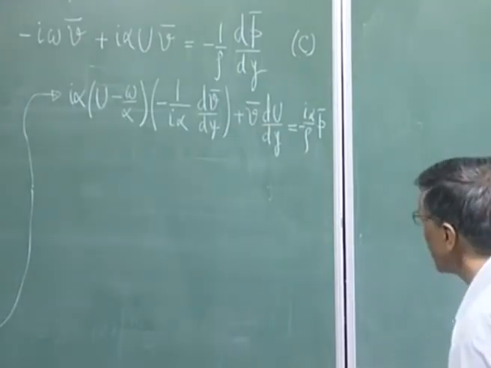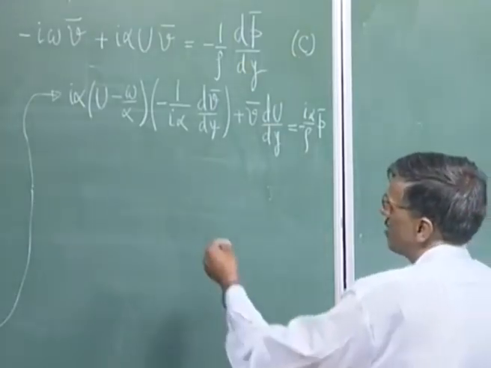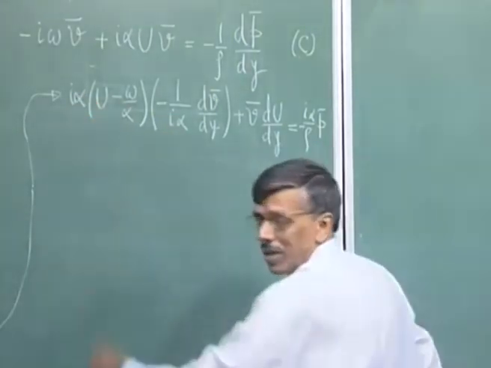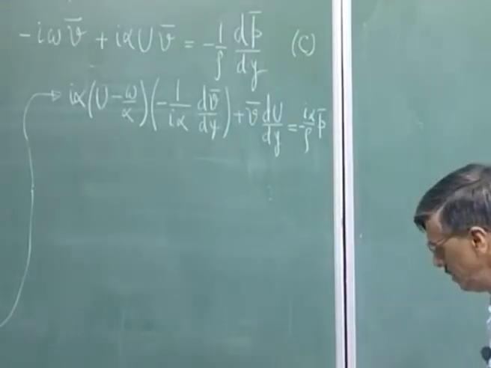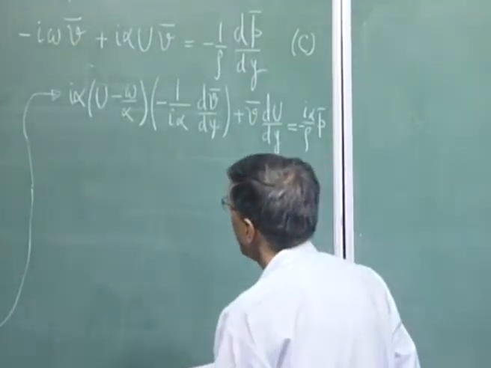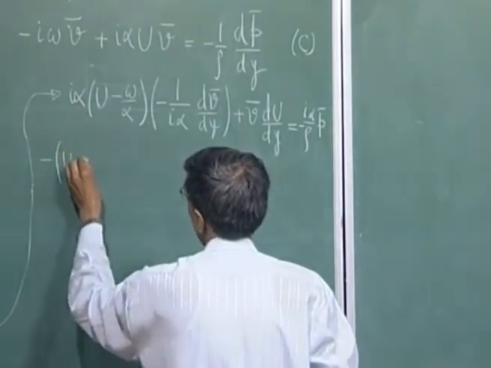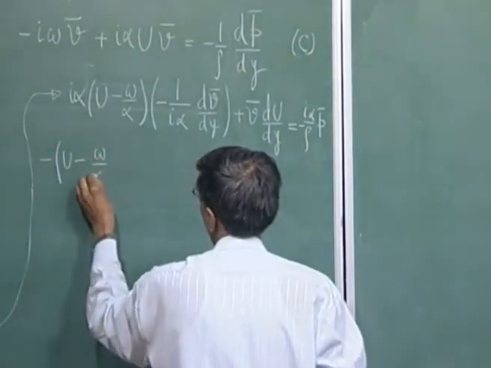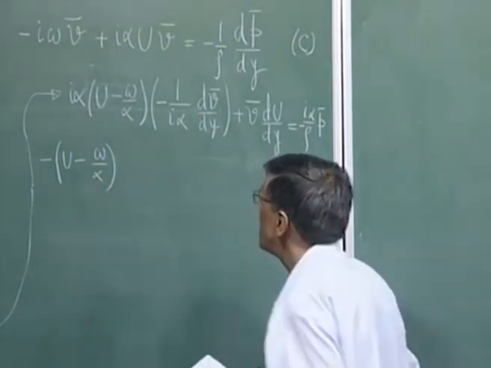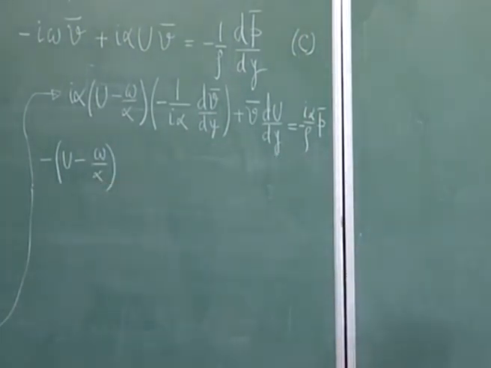What would we get? So here, as you can see, this I alpha goes off. So what do I get? Minus u minus omega by alpha, and we are differentiating it with respect to y.